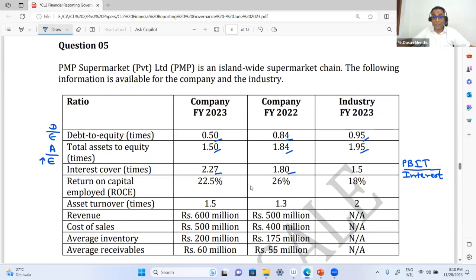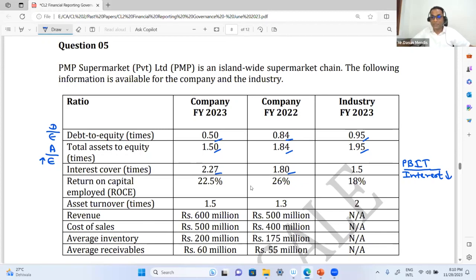So interest coverage going up means what? It's a good thing. Why it has gone up is because, as we looked at earlier, our gearing is getting reduced. Gearing is getting reduced means obviously our interest expenditure is coming down. Gearing is getting reduced means debt is getting reduced, equity is going up, your interest expense is going down.